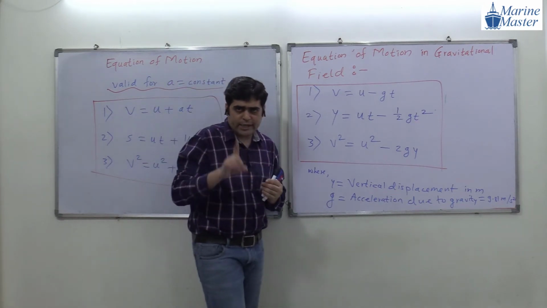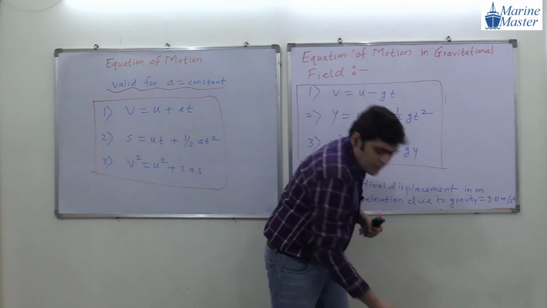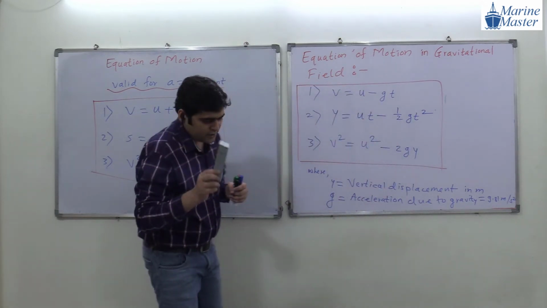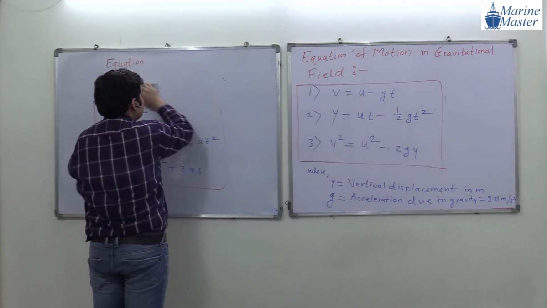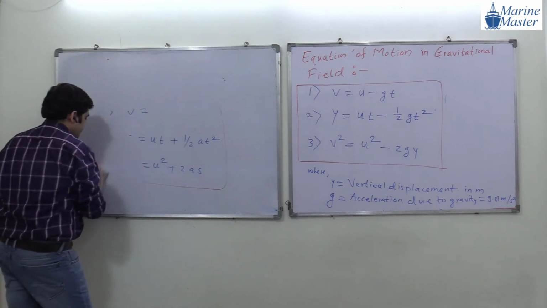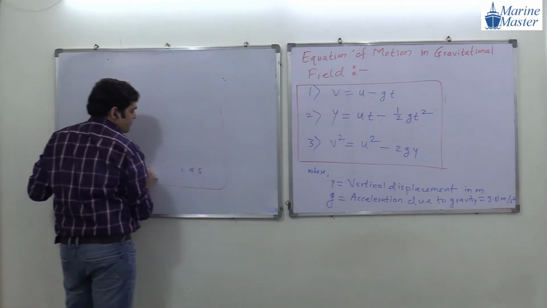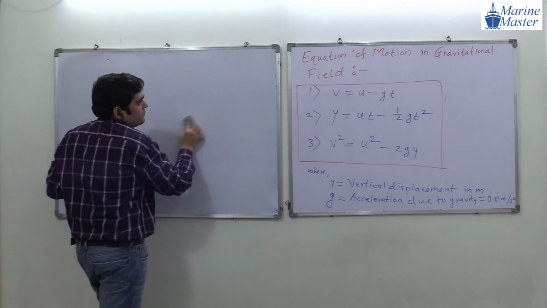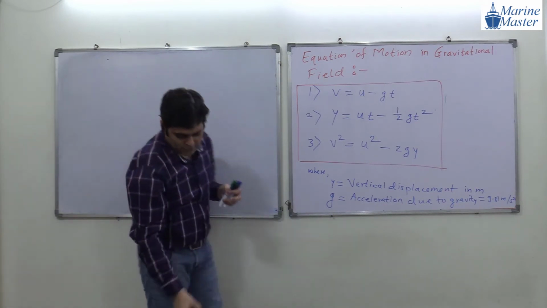Now try to see the scenario further. Now we are going to see some sign convention. Before going further, we have to see the sign convention for this equation of motion in a gravitational field.